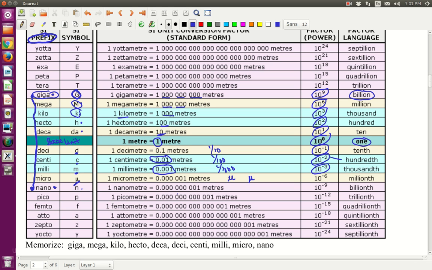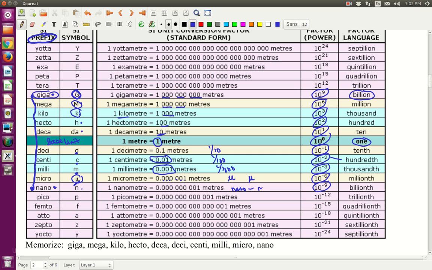Nano is a billionth. I skipped micro. Micro is a millionth. It's a point and then 1, 2, 3, 4, 5, 6 spots. So it's 10 to the minus 6. And I'm going to show you a mnemonic device for these. And then nano is a billionth. So 10 to the minus 9. Nano 9. That's how I remember that.